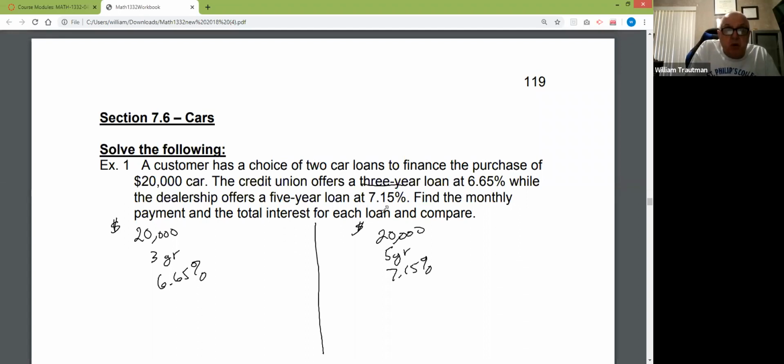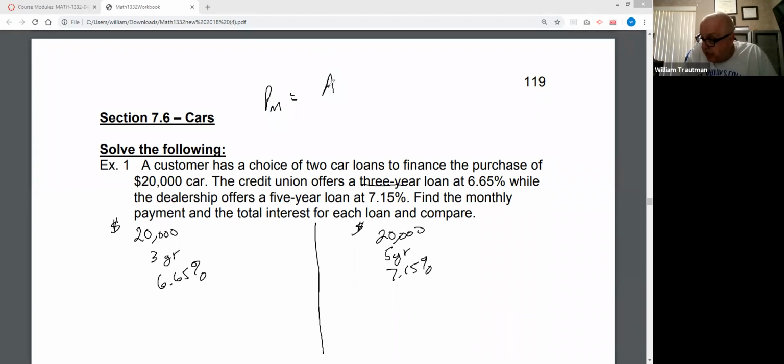The payment formula is A, R N, oh Lord, 1 plus R N on NT minus 1.